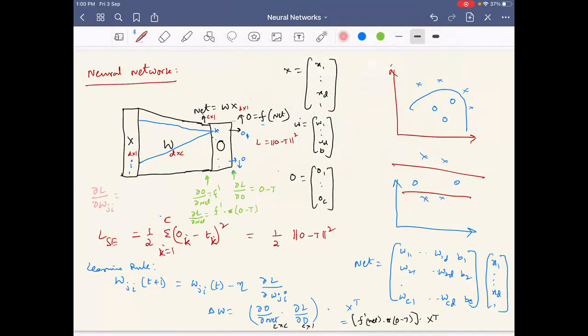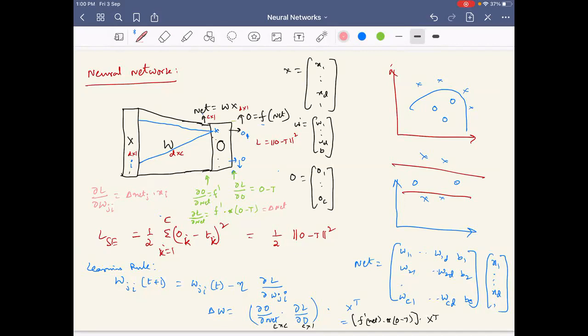What we have seen is f dash times this, which is delta net. So let us write directly in terms of delta net: delta net j into xi. This we have seen in the previous derivative.